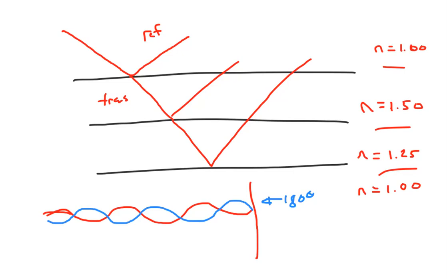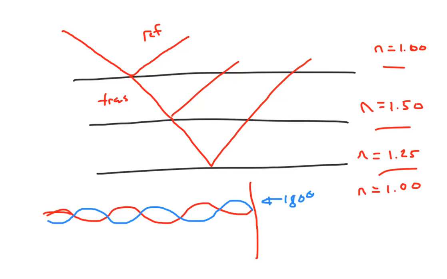Something going from a very high index of refraction, a hard medium, to a soft medium, it can do that very easily. What takes a little bit of work is to go from a soft to a hard, essentially.